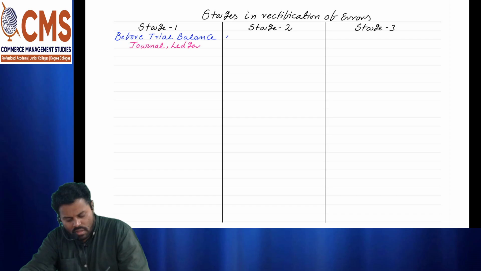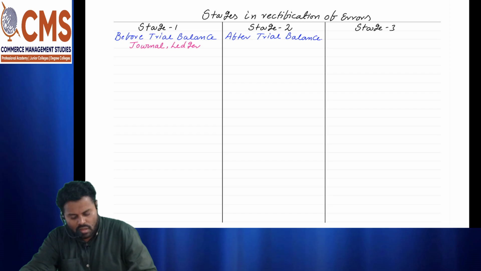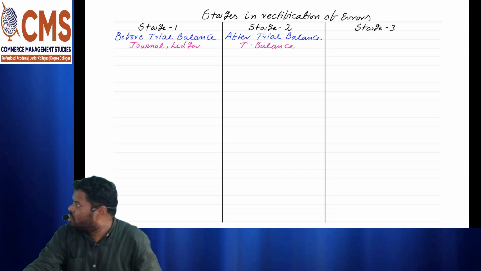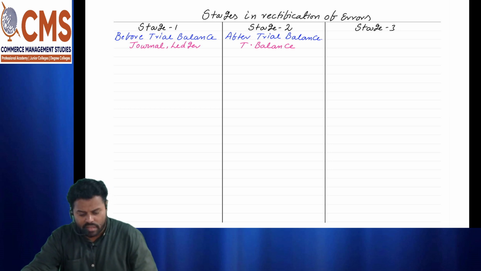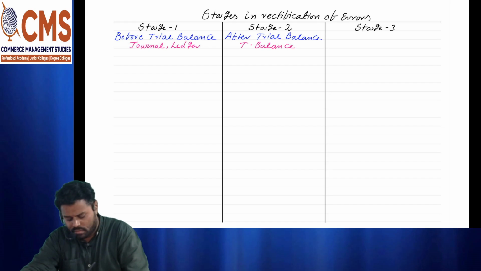Stage 2 is after trial balance. Okay, a statement called trial balance is prepared. A summary called trial balance is prepared at the second stage. What is the third stage? After final accounts.